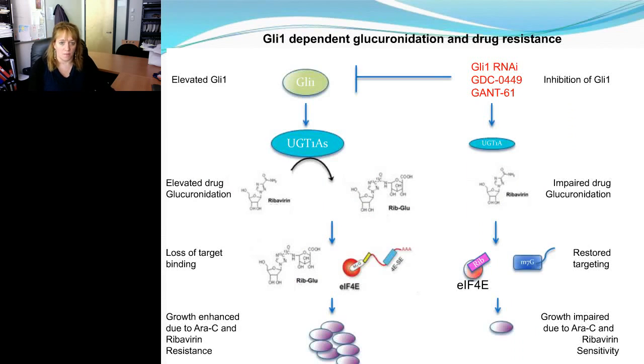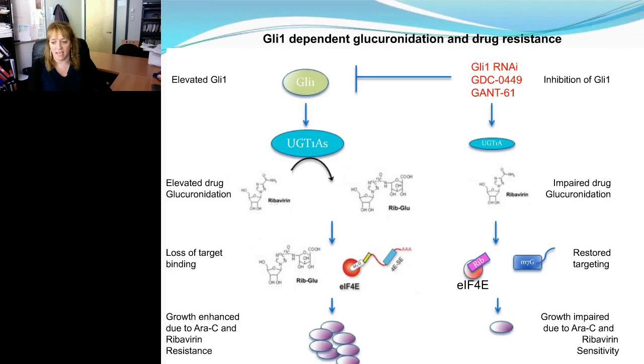So what's our model? Well, this is roughly our model for drug resistance. It starts off, at least in this form of drug resistance, with elevated GLI1. Elevated GLI1 leads to elevated UGT, which allows you to have glucuronidated ribavirin form. And this causes a loss of the ribavirin 4E interaction, which allows enhanced growth and drug resistance.